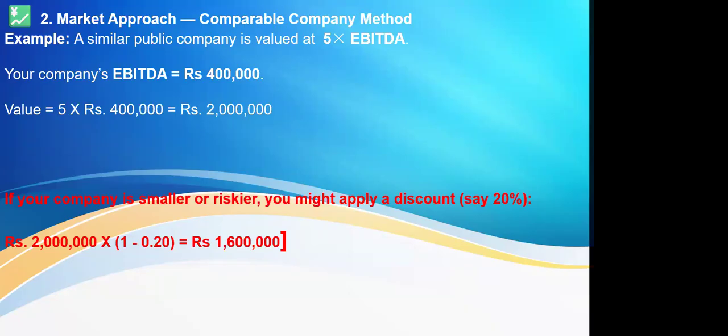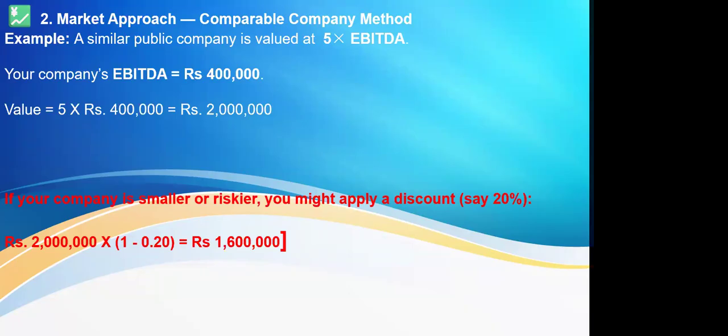So then you use that one. You can also say a similar company in the share market is valued at 5 times the EBITDA value, earnings before interest and tax, depreciation and amortization. This is simply the profit of the company.